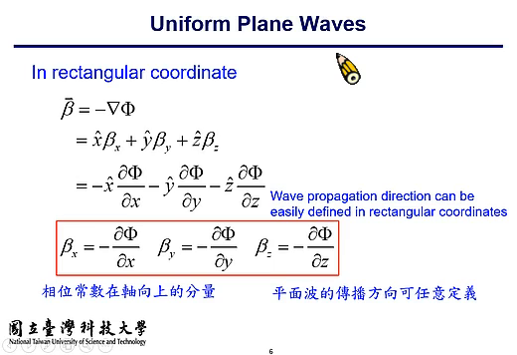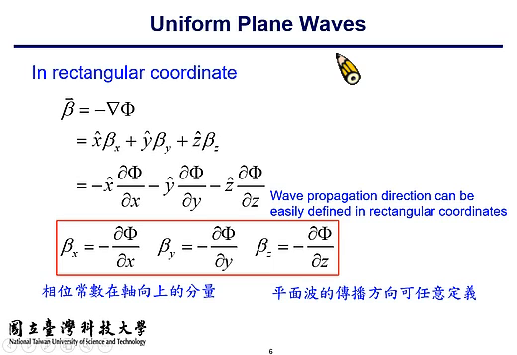So, what is the relationship between beta and beta x, beta y, and beta z? So if you are taking the square of beta, you agree with that?